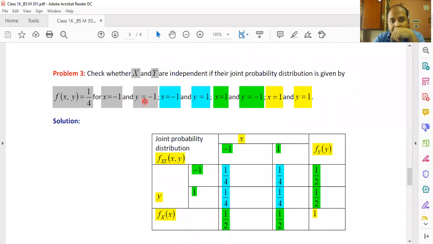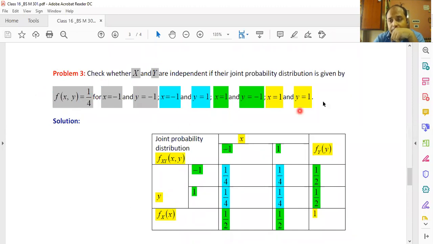Gray colored items represent the pair -1 and 1. Blue colored items represent -1 and 1. This is -1 and -1, that is -1 and 1. The green colored represents the pair 1 and -1, and the yellow colored represents 1 and 1. And you see, according to the question, for each of these pairs, the distribution has value 1/4.